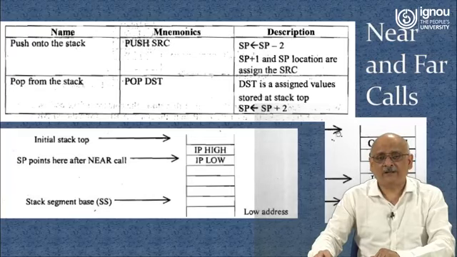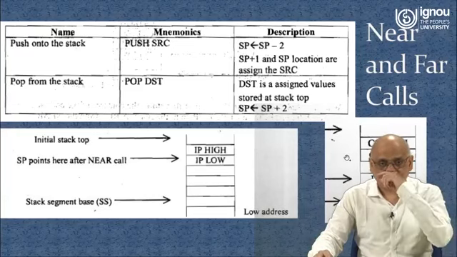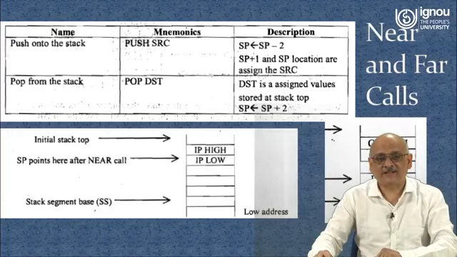Suppose the stack pointer was here. It is decremented by 2. Suppose you have said push CS register. Then the stack pointer register will be decremented by 2, and the location pointed to by SP and the next location, SP plus 1, are assigned the source.